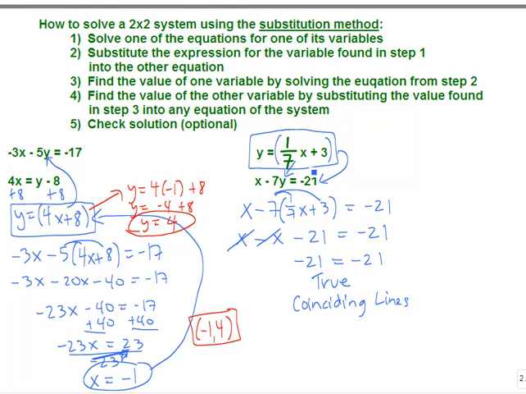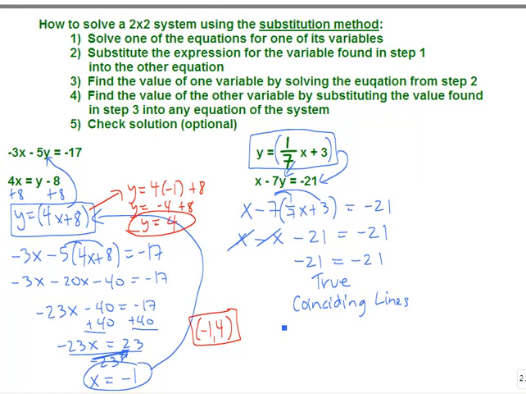So your answer here is that this is a coinciding lines case, but what you want to actually write down for your final answer should be the equation of the line, because every point on the line is going to be shared by these 2 equations since they turn out to be the same line. So our answer is going to look like this.